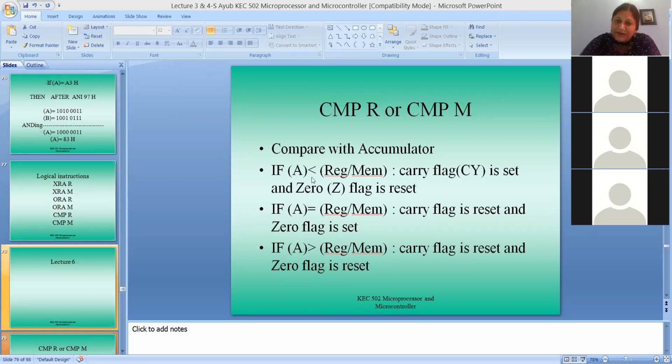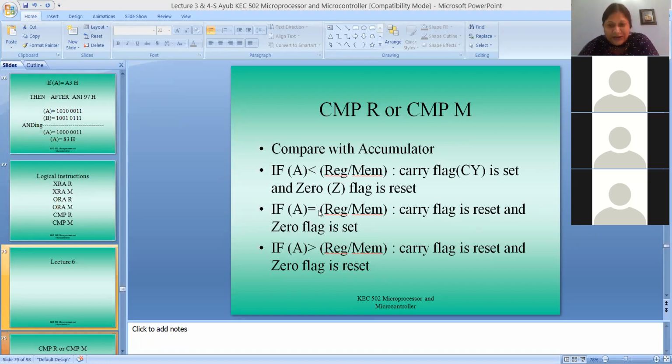But if your accumulator contents and the contents which you are comparing, the register contents or memory contents, are equal, then your carry flag is reset, because there is no carry, as both the numbers are equal. But zero flag will be set, telling you that the result of comparison is zero. That means your contents are equal.